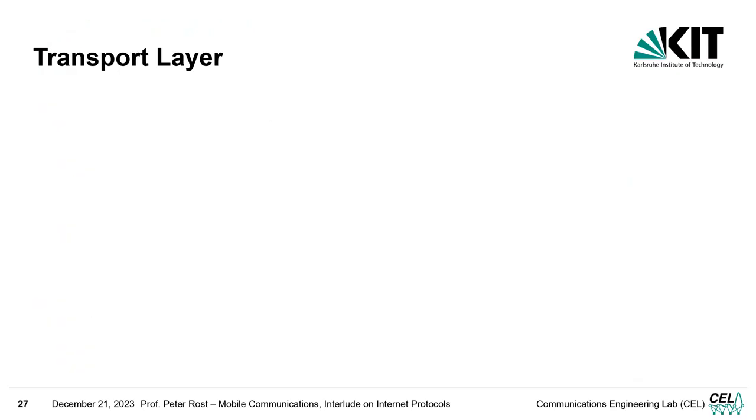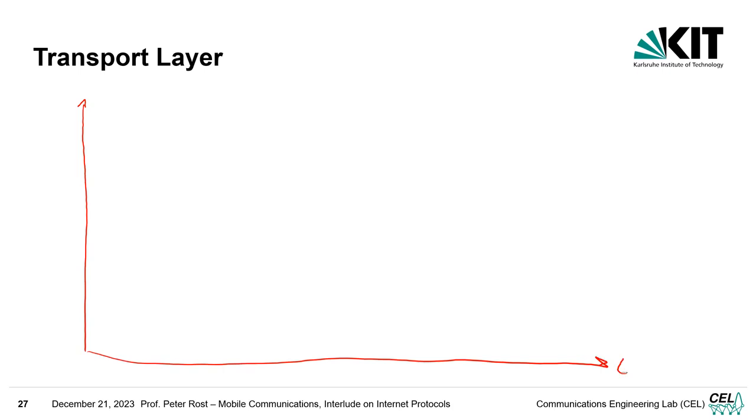Now, how this congestion control is working is, if you take this figure, that's time, and that's the so-called window size. Window size refers to this CWND, congestion window.